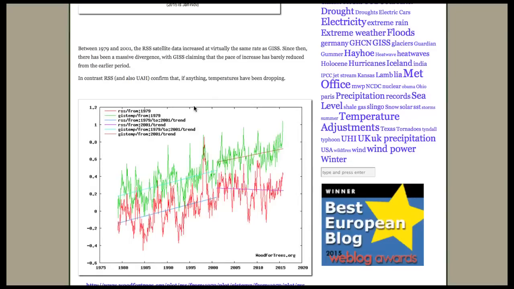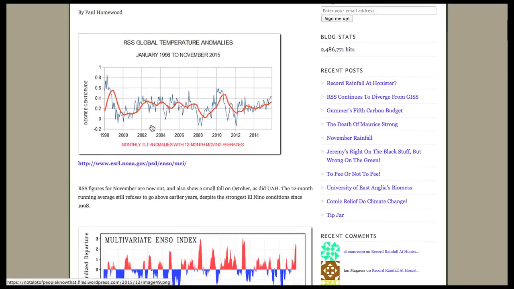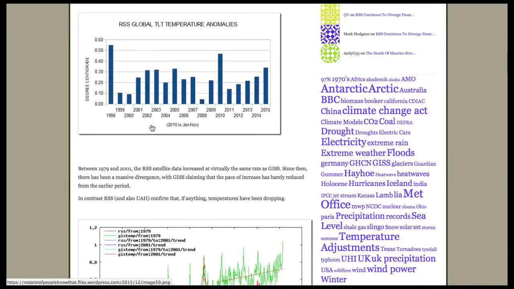Again, this is something that has been confirmed in various ways. I'll throw this post up, RSS continues to diverge from GISS, that was released just yesterday, talking again about this divergence that is taking place and is demonstrable between the more reliable satellite record and the less reliable surface air temperature estimates.